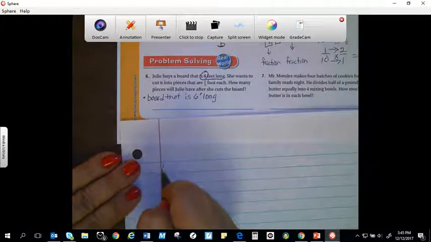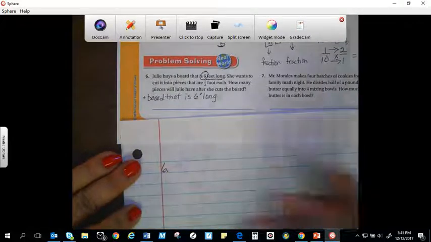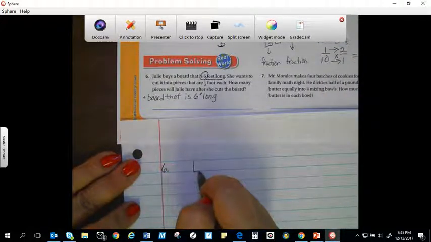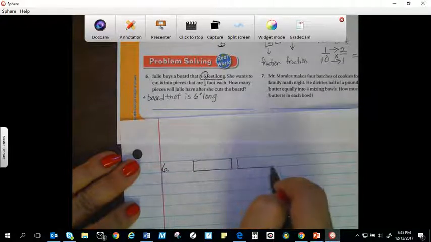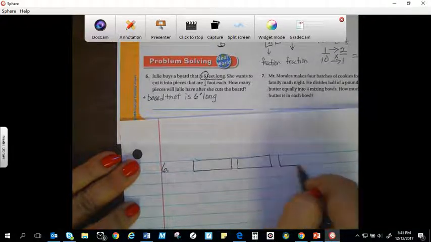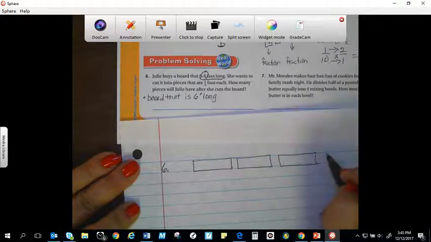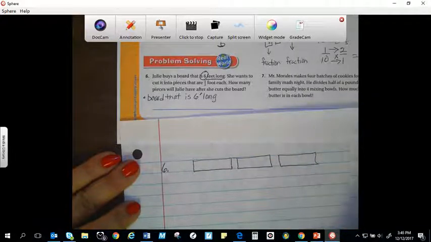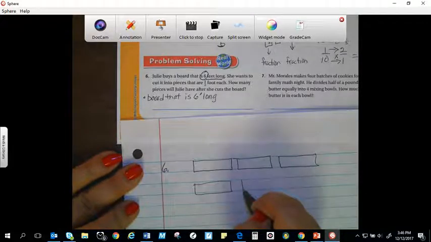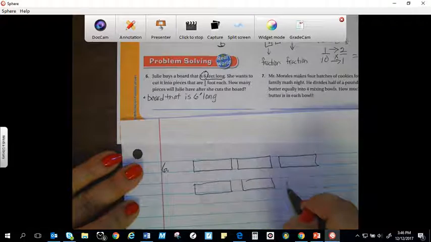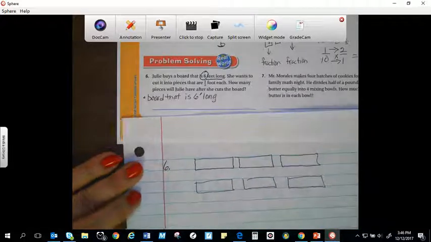So I'm going to put number 6, and I'm going to have my 1 foot, 2 foot, 3 foot. I can continue on for 6 feet, but I'm going to show 4, 5, and now 6 feet. So this is going to represent 6 feet.